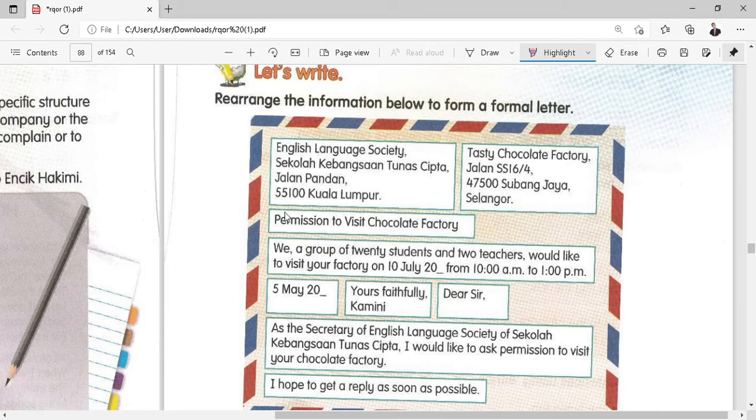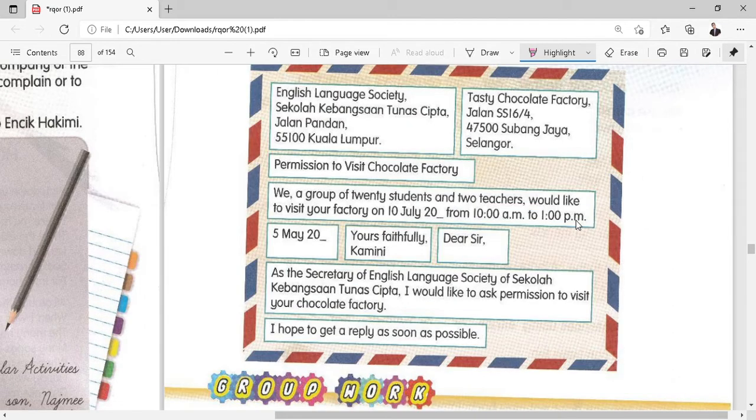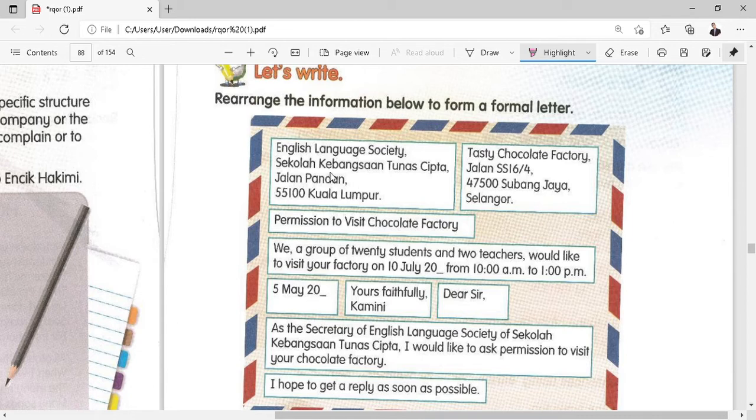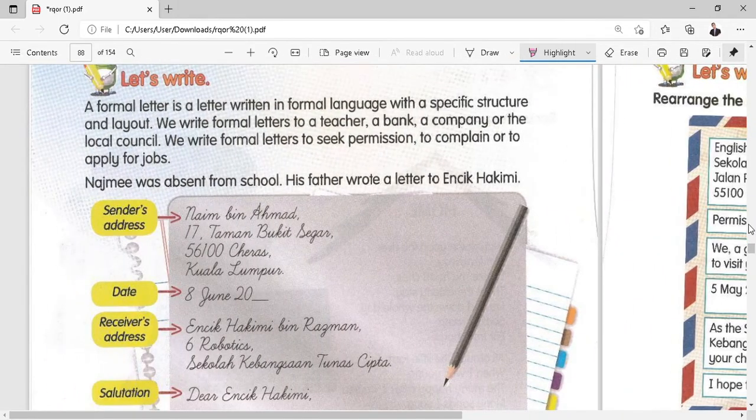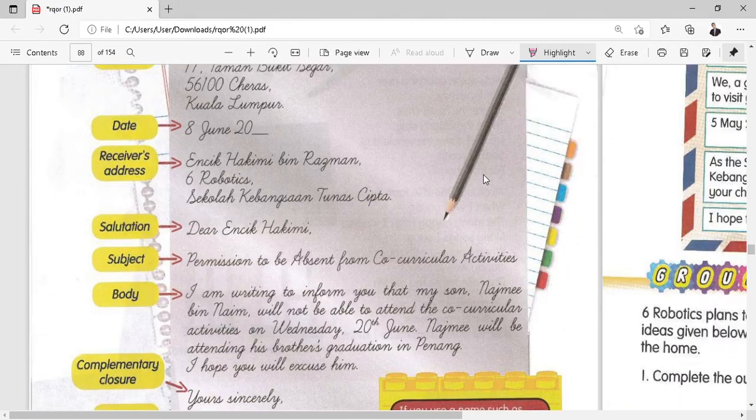So I want you to rearrange the information below to form a formal letter. You have all the information here, 1, 2, 3, 4, 5, 6, 7, 8, 9. Look at the example here on page 88.